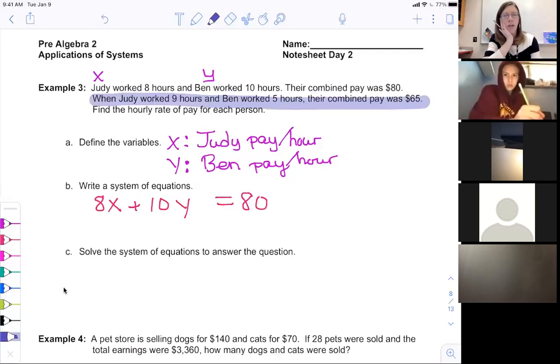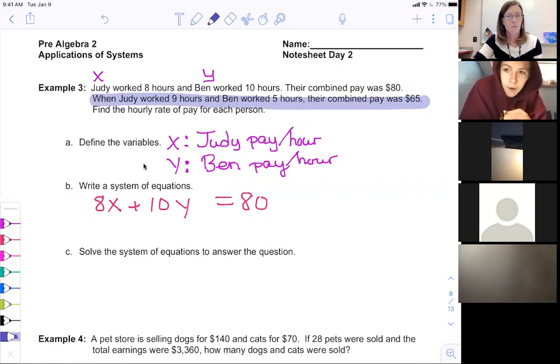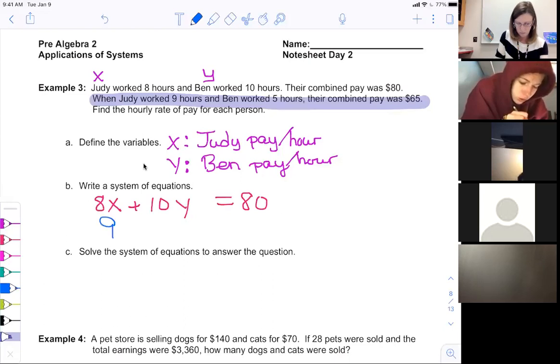Nakai, how do you think we could write that equation using the same way we wrote the first equation? So trying to model what you did for the first equation, how do you think we could write our second equation? Michael, do you think you could help out? How could we write the second equation? I did 9x plus 5y equals 65. Yeah.